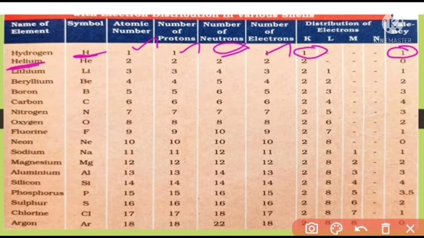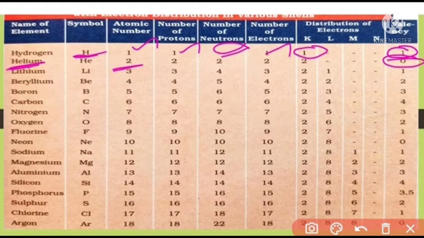Helium, atomic number 2, has valency 0 because it is a noble gas. All noble gases have a fulfilled electronic configuration in their valence shell, meaning the last shell is completely filled by electrons. So that atom does not share electrons with other atoms. All noble gases have 0 valency.